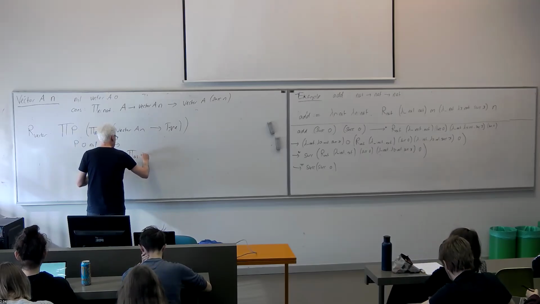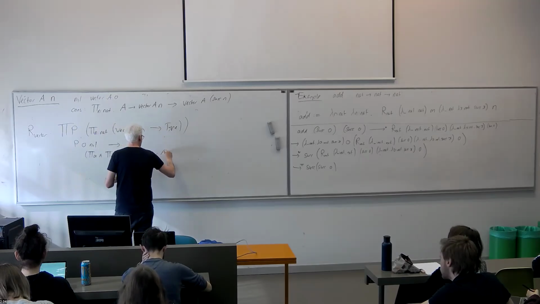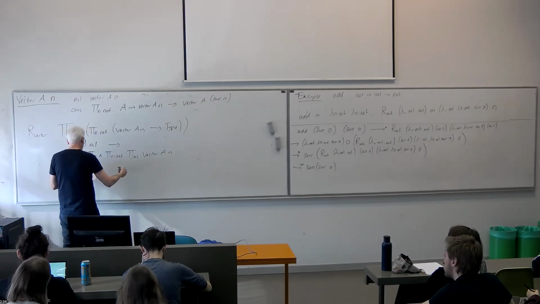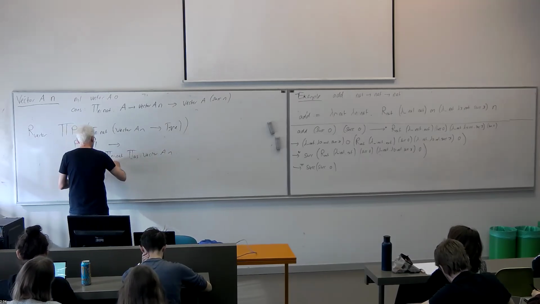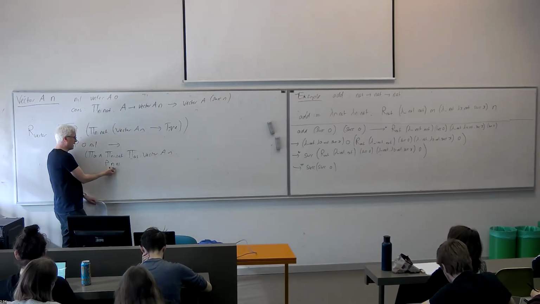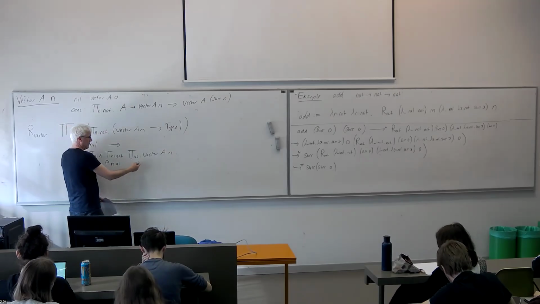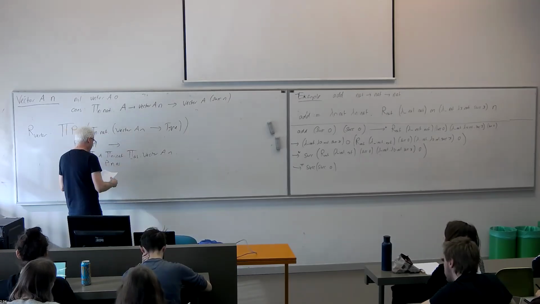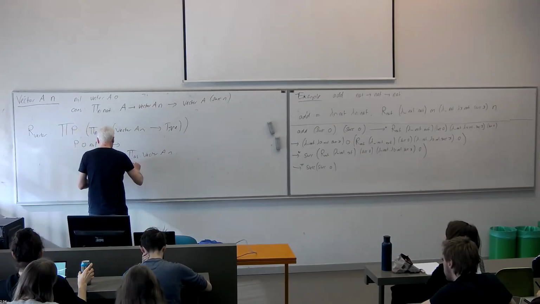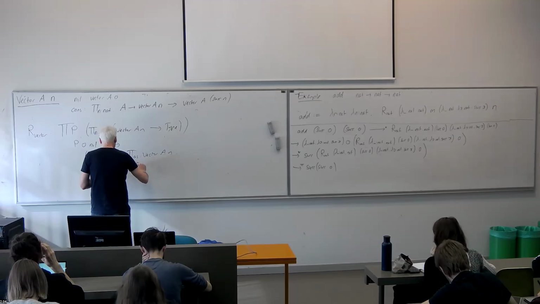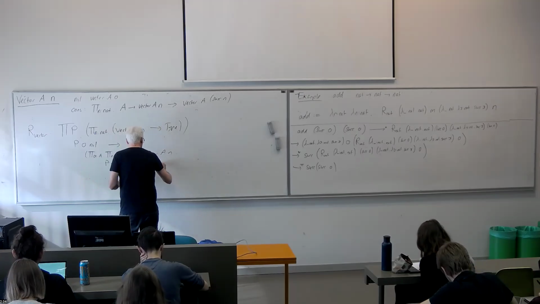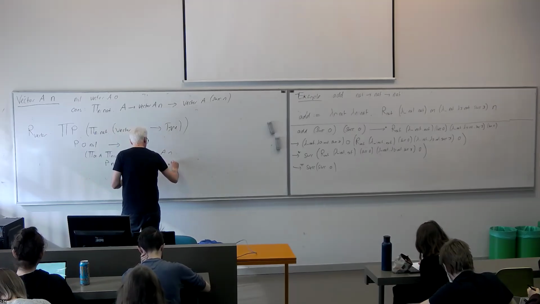vectors of that length n, we want the induction hypothesis that if P holds for vectors of length n, for the vector A's we've got, which is the vector of length n, then we want the inductive step to hold, that P will hold also for the vector we get by consing A onto A's.